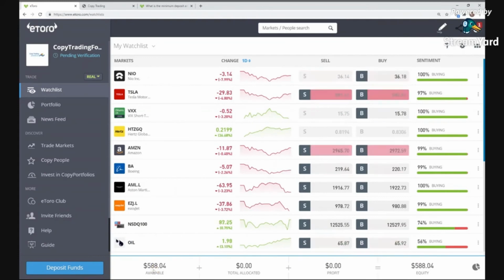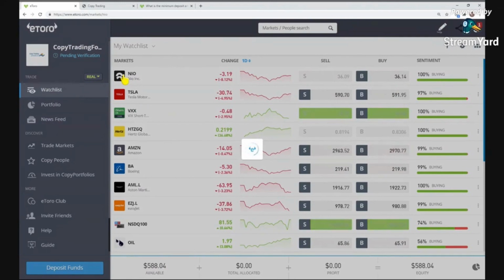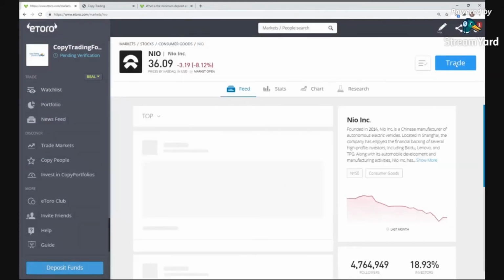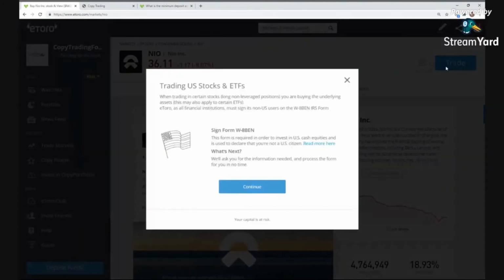So you can see here I have $588 available. So if I go in, you can buy stocks, I believe, but it's best to wait till your account is verified. Okay, let's just see, does it allow me to trade? Trading stocks, okay, what is it? You were buying the underlying asset, eToro, okay.